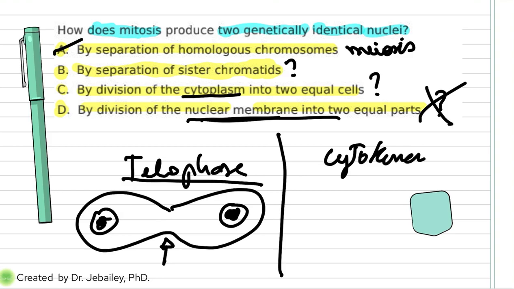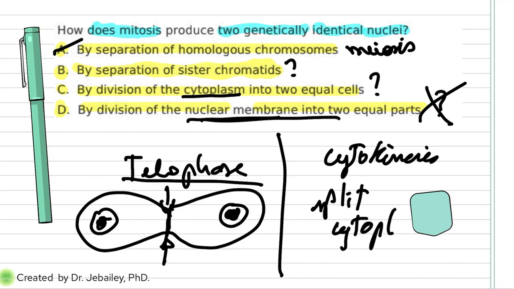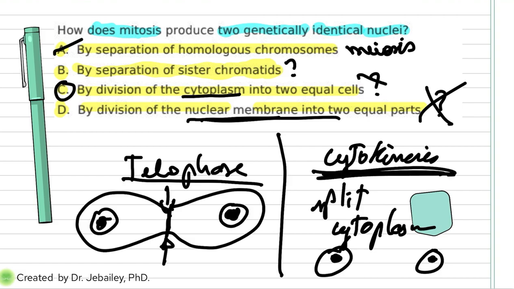Cytokinesis. Cytokinesis basically means that you are pushing the cytoplasm until you split it. When you split the cytoplasm, voila, you have two new cells. So C is not part of mitosis. C is part of cytokinesis. So that's out, but some kids fall for the trick.